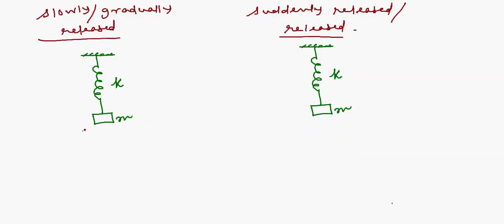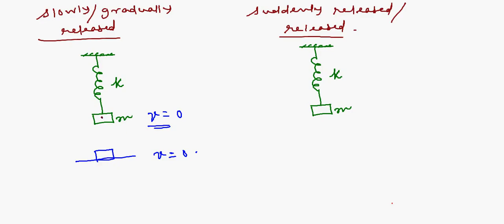When the mass is slowly or gradually released, this mass comes down, and every time its velocity is 0. Now, why does this block remain at rest as it comes down?